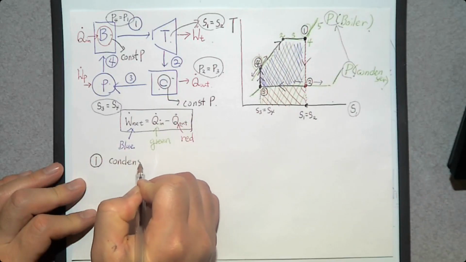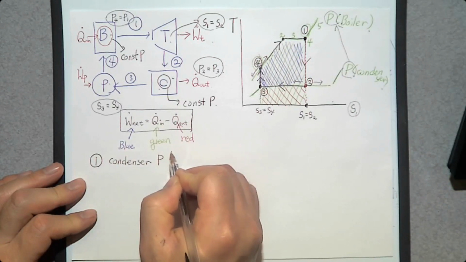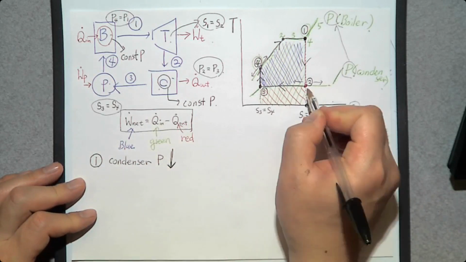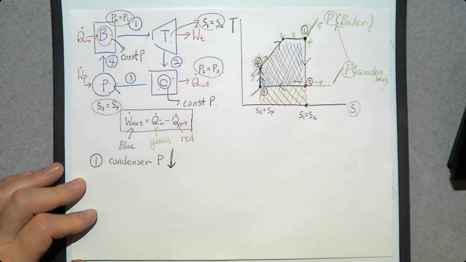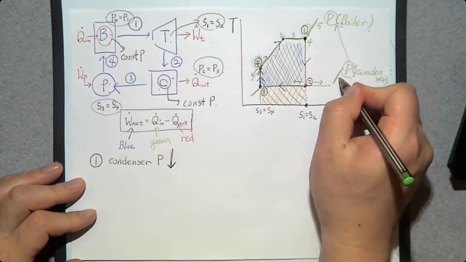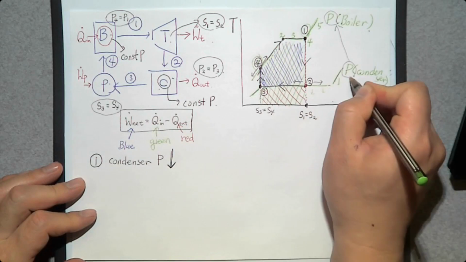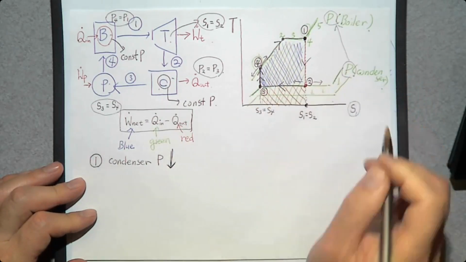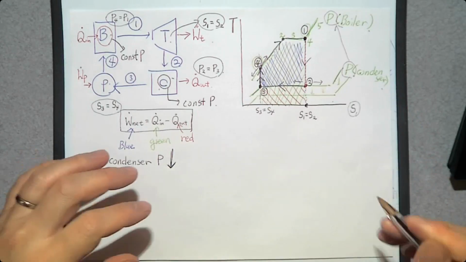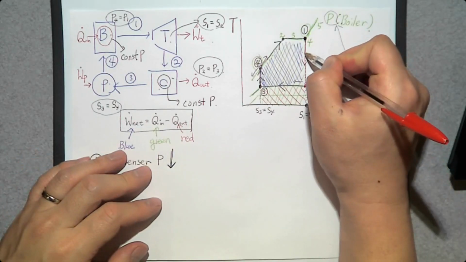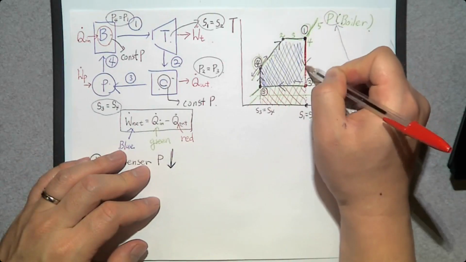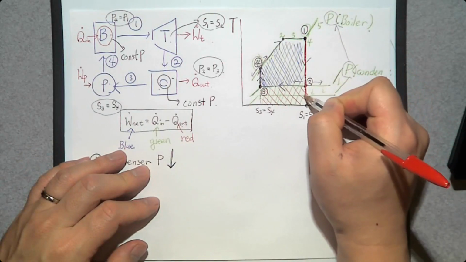So the condenser pressure can be decreased. If you decrease the condenser pressure, what's going to happen? This green moves downward, like that. So the steam expands in the turbine further down to here.